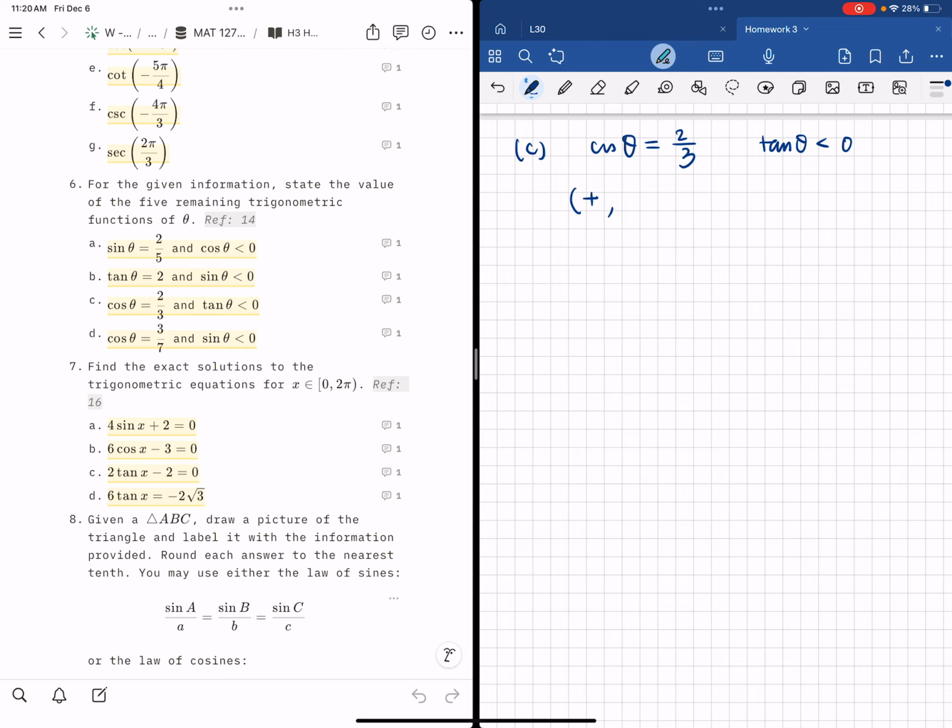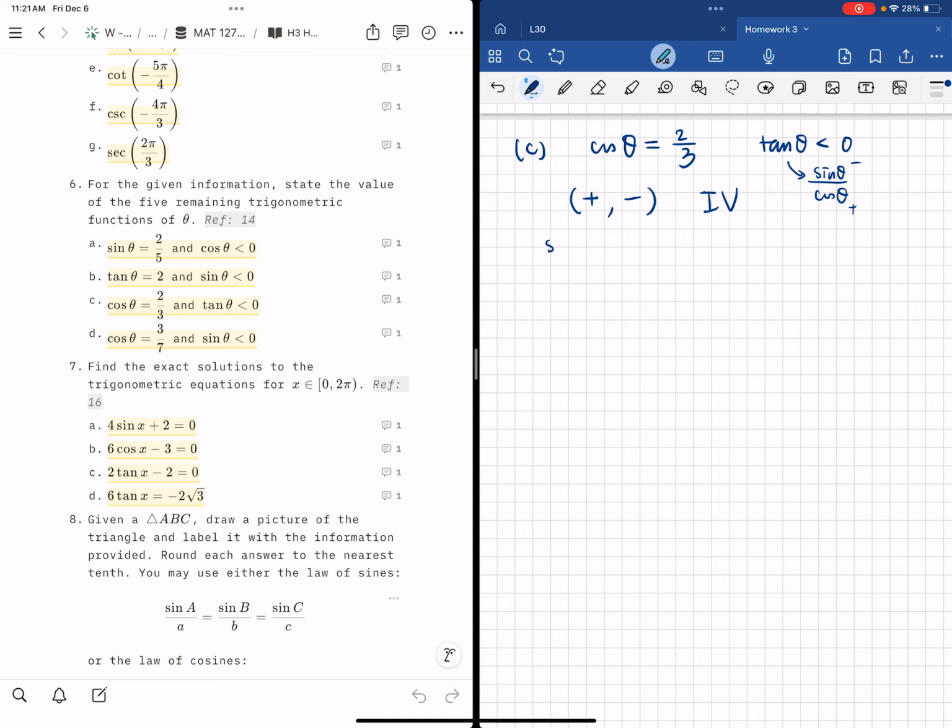And then tangent is negative. Again, tangent comes from sine divided by cosine. So if your cosine is positive, in order for the quotient to be negative, your sine has to be negative. So we got our signs of the angle. X is positive, y is negative. That means it's in the fourth quadrant.